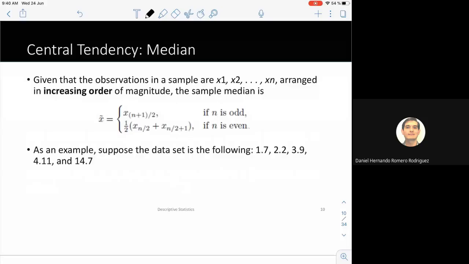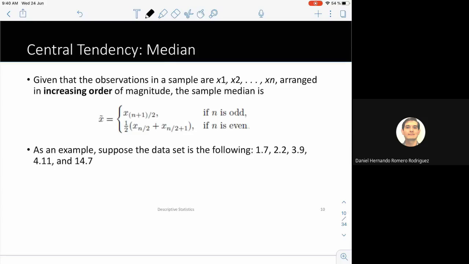All right, so the last central tendency metric that we're going to cover is the median. The median is the observation that splits your data set into equal parts. That means that above the median you will have 50% of the observations, and below the median you will have the remaining 50% of the observations.